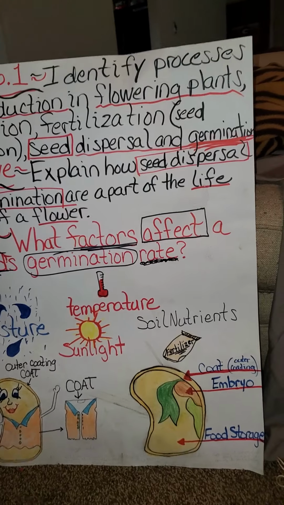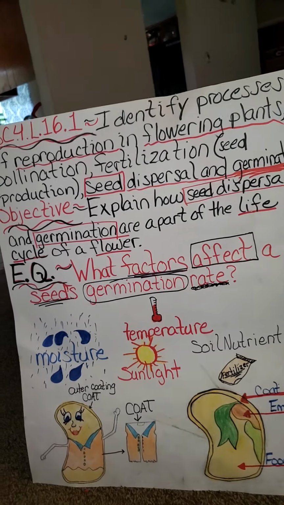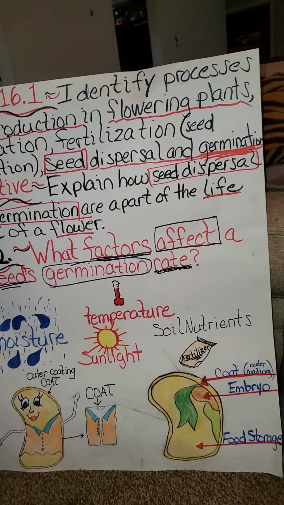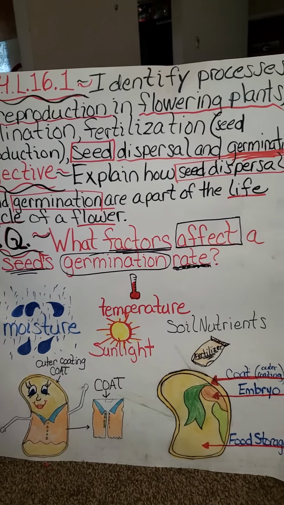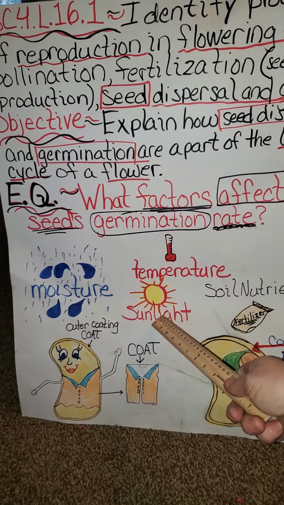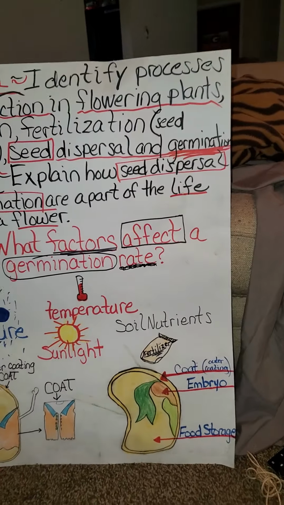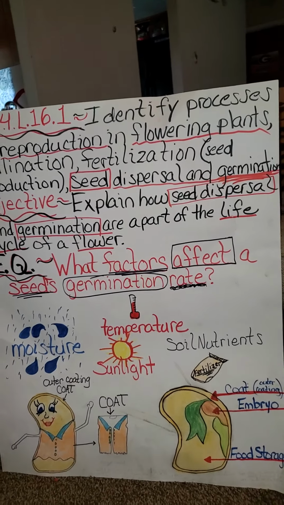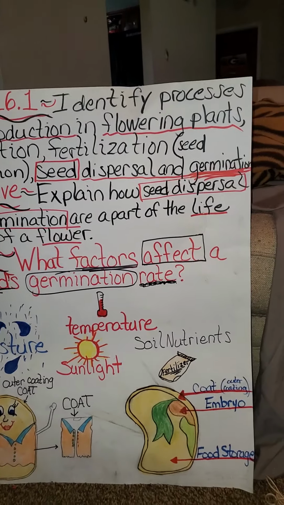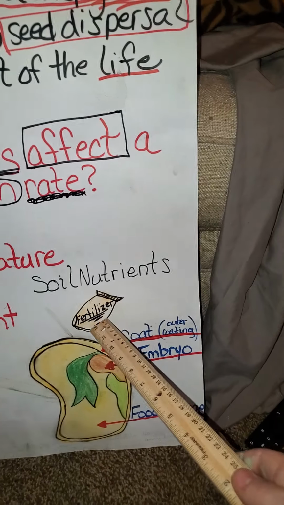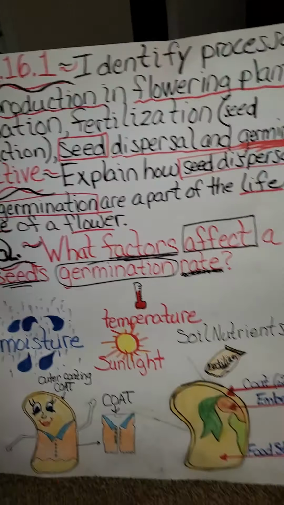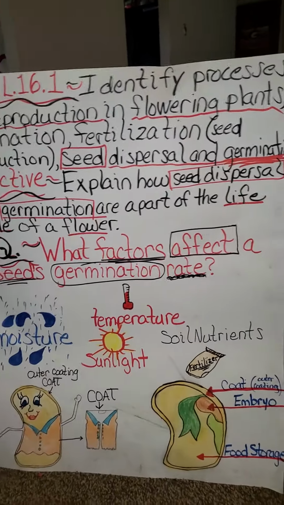That's why sometimes during the wintertime your parents will go out and throw blankets over trees or flowers to protect them from freezing up and dying. Sunlight. That's why you saw me put my chia pet underneath a lamp, and I also put him out in the rain for a little while. Soil nutrients, and you guys that went live with me saw me put soil in the chia pet.